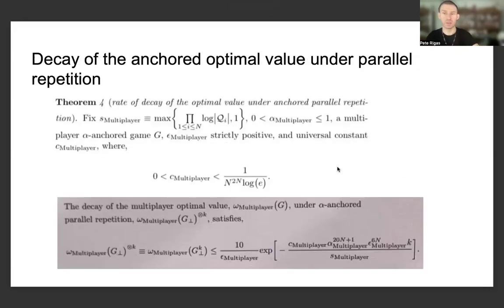And now I wanted to conclude this last presentation, the overview presentation of the series, by again describing the decay of the optimal value under parallel repetition, which is given by Theorem 4, the main result provided in the previous presentation, namely the rate of decay of the optimal value under anchored parallel repetition, to close things out.